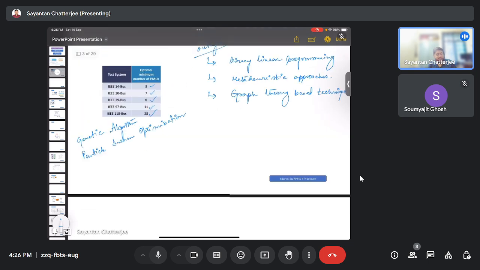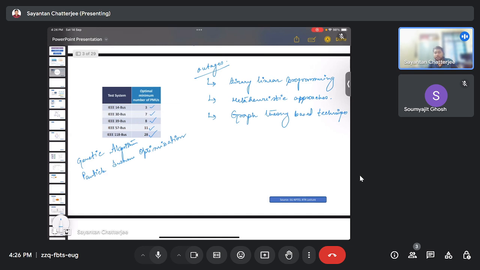That is the reason why emphasis has been given to optimal PMU placement, so that the cost, which is a major issue, is reduced. Alongside, the sampling rate is very high.